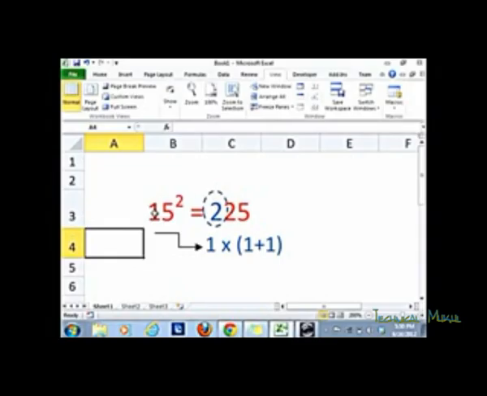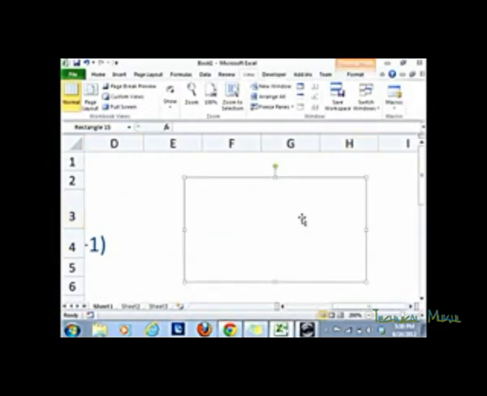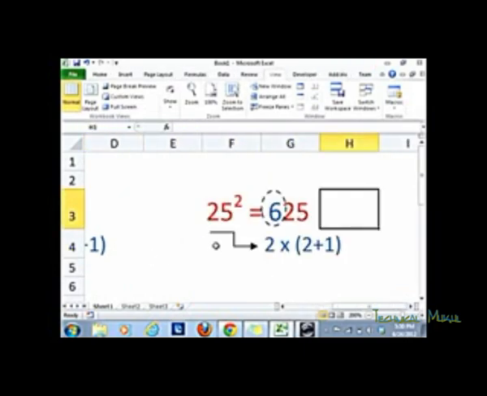Again, what I did is that I have 1 in the first place. So I multiply 1 by 2 and put 2 here and then add 25 in the end. Similarly, if I have 25, then again put 25 in the end and then multiply 2 by 3.